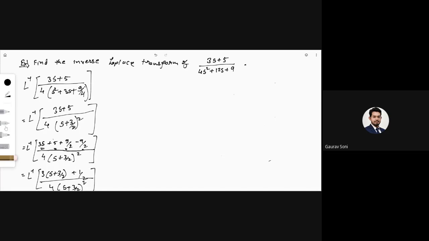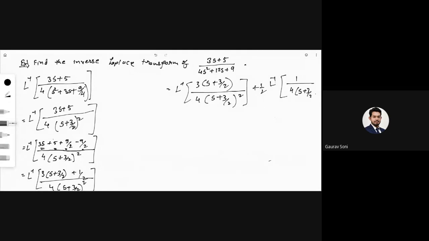Now you separate the denominator. So what we have, Laplace inverse of 3 into (s plus 3 by 2) upon 4 into (s plus 3 by 2) square, and 1 by 2 being constant can come outside, Laplace inverse of 1 upon 4 into (s plus 3 by 2) square.